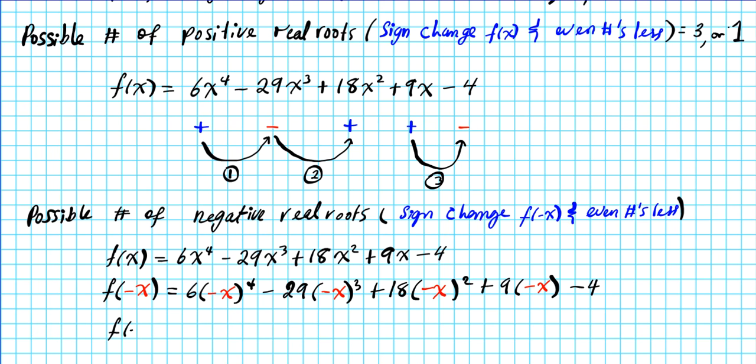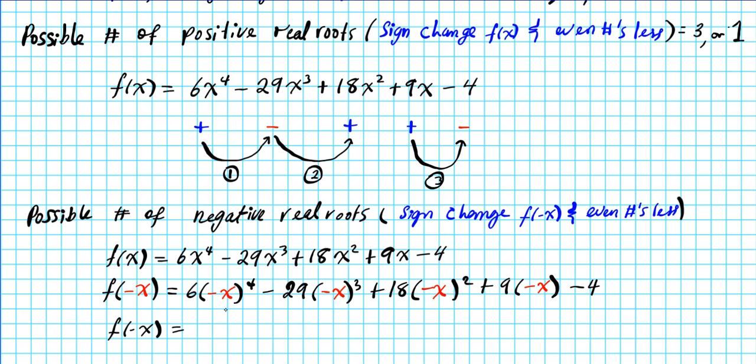f of negative x is going to be, now an easy way to do this is remember that when you raise a negative term to an even power, the minuses group together in pairs, and minus times minus is plus, so the end result is a positive sign. So 6 times negative x to the fourth is an even power.